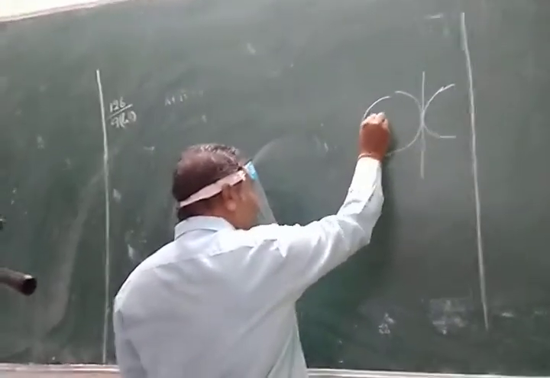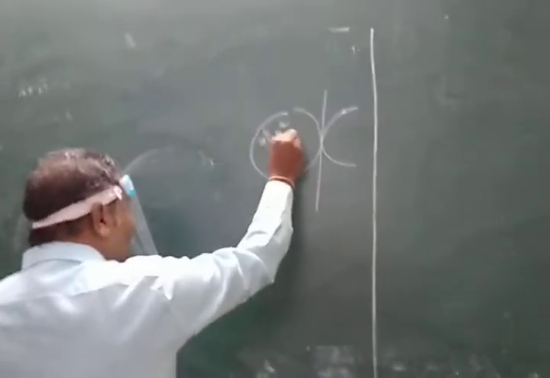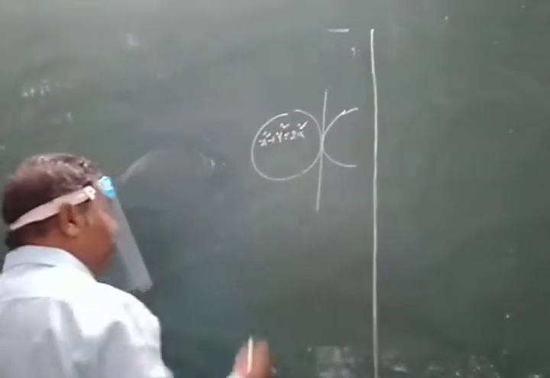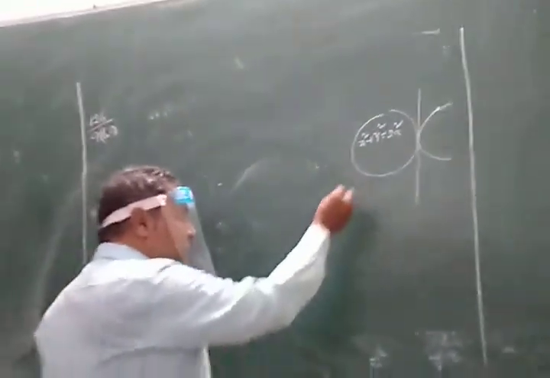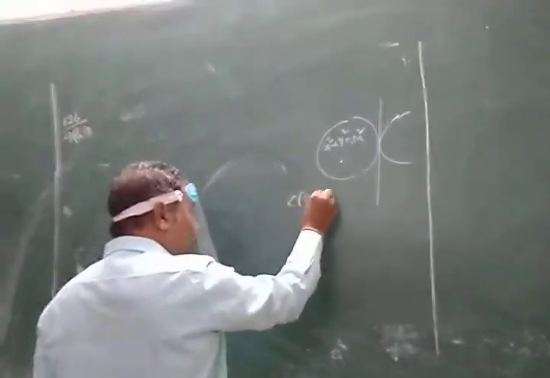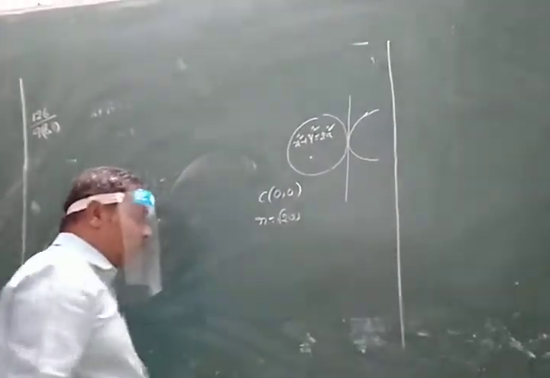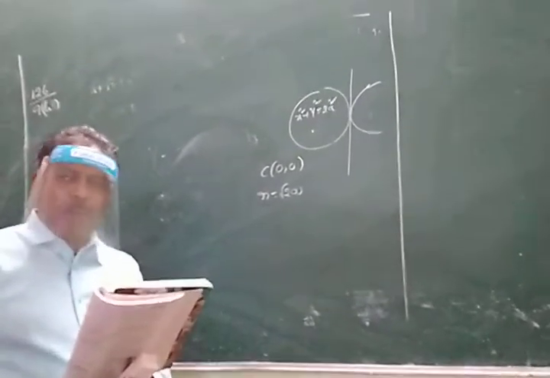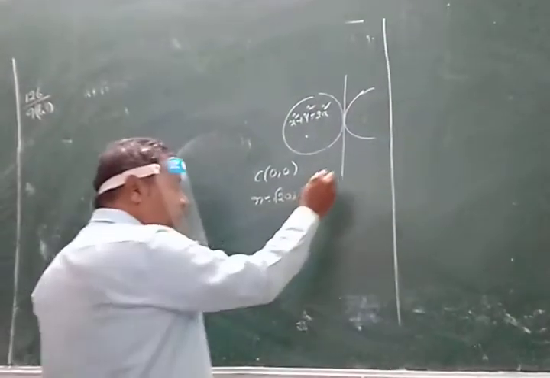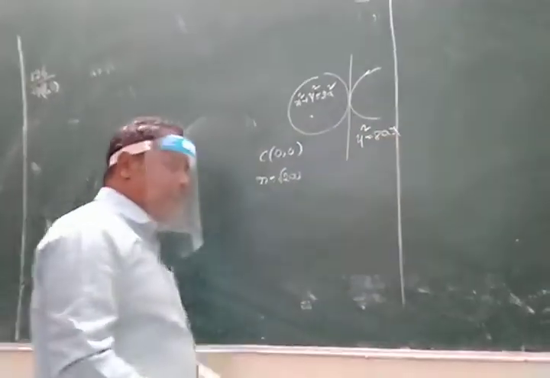This circle is x square plus y square equal to 2a square. So its center is (0, 0), and the radius R value is root 2a. Parabola equation: y square equal to 8ax.